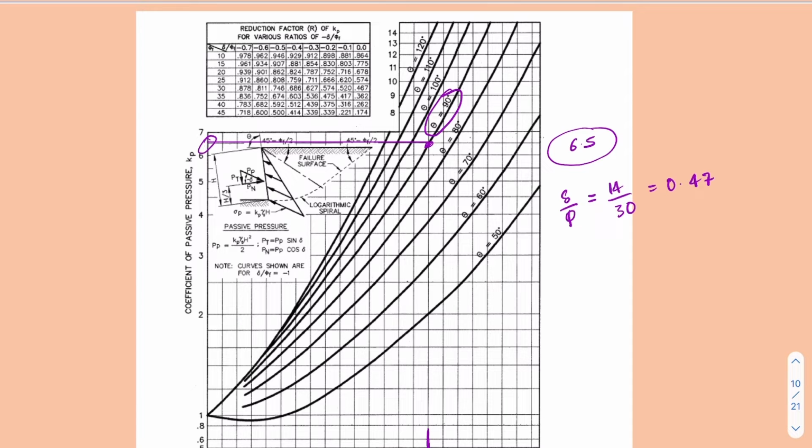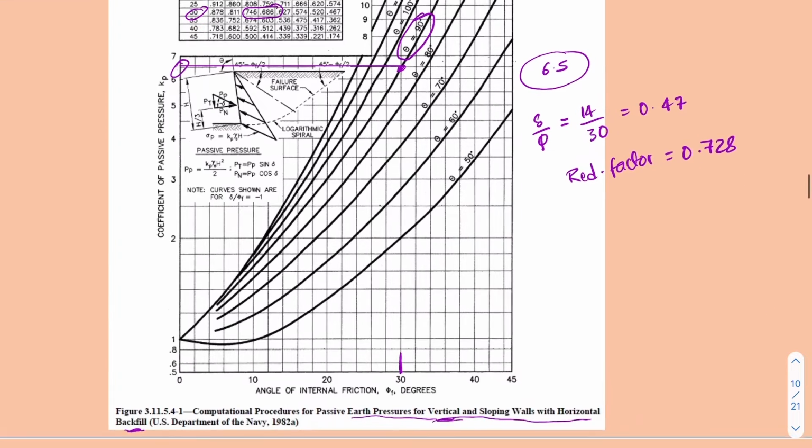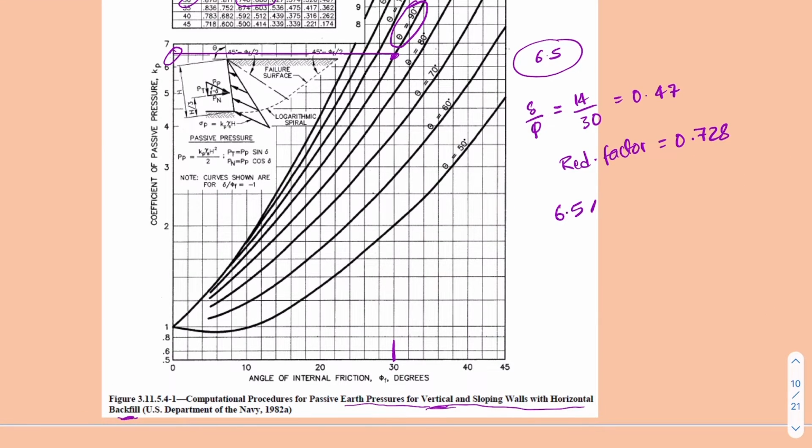And from the above table, if you interpolate these values right here, you will get the reduction factor as 0.728. And if you multiply 6.5 with 0.728, you will get 4.73. So this will be our passive earth pressure coefficient.